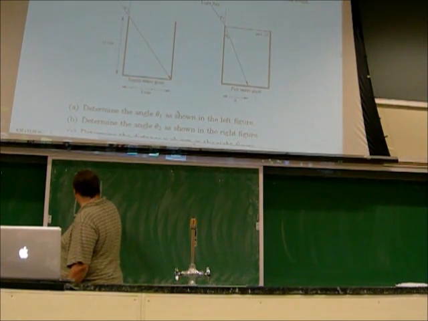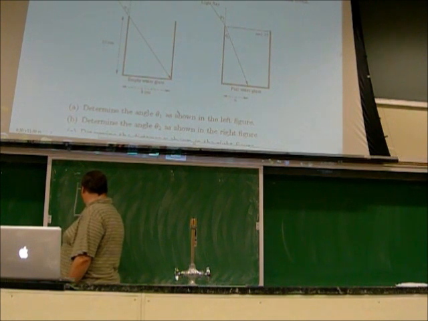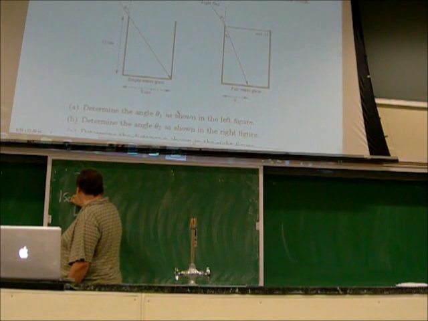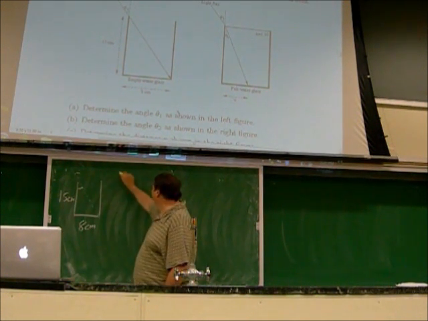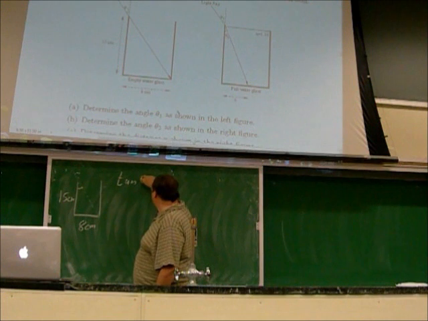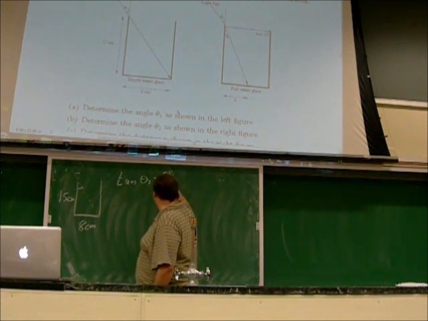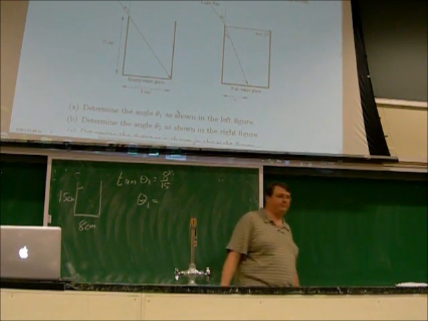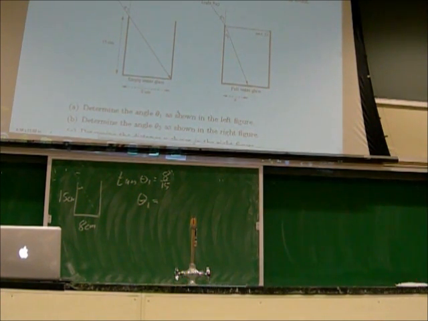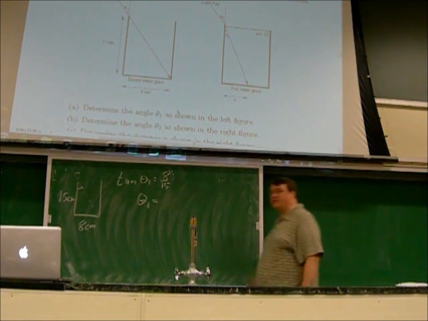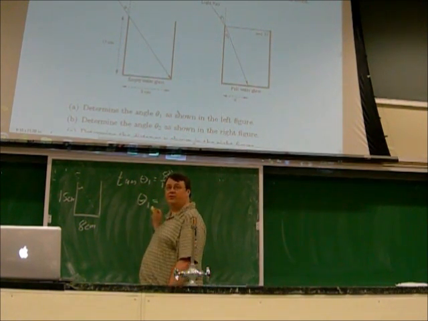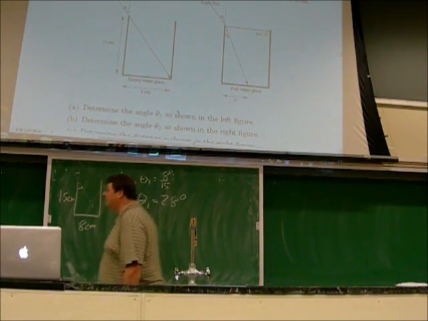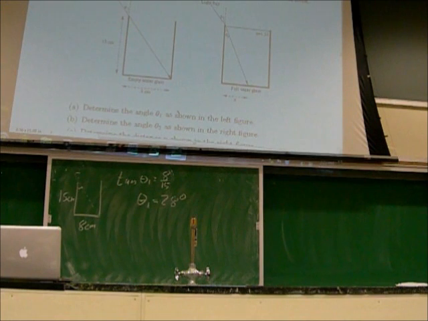This is theta 1, so this is also theta 1. 8 centimeters down there, 15 centimeters over there, and therefore tan theta 1 is 8 over 15, leading to theta 1 equals what? 28 degrees? Is that what I heard? Yep, 28. In the second moment, it is bent in accordance with Snell's law.